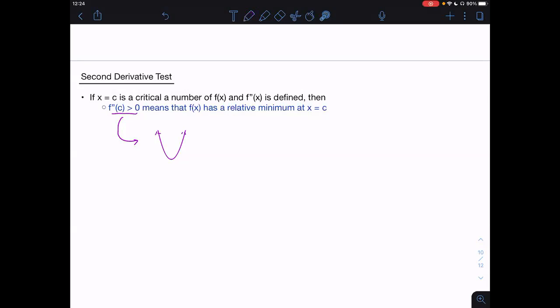And if our concavity is upwards and c is a critical number, then c has to be the minimum point of that concave upward shape. So if we plug our critical number into the second derivative and that gives us a positive value, that implies that our function is not only concave up, but that the critical number is the minimum point of that upwards curve.